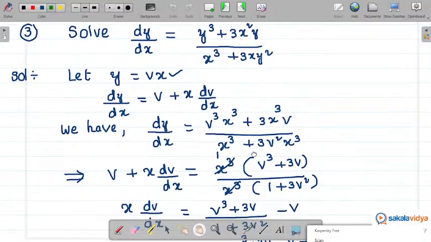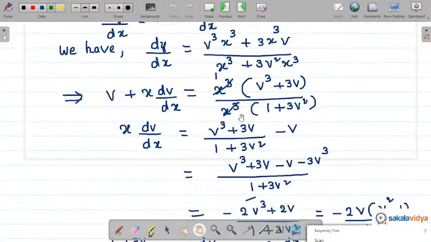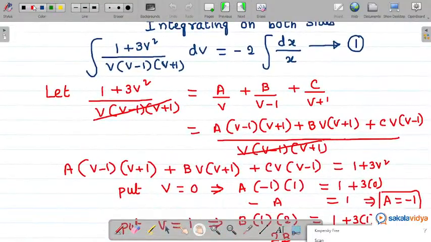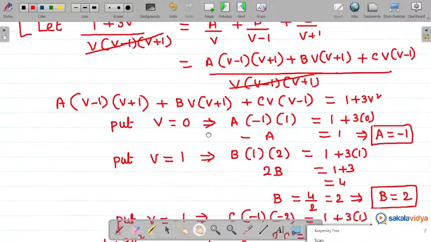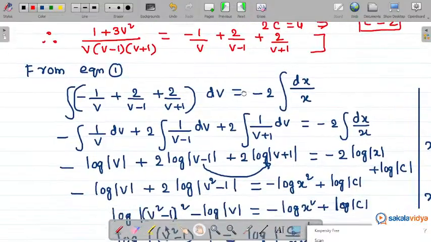This is the given one. Here, this step is very important: partial fractions. Up to this one is partial fractions only. Next after that, integration.